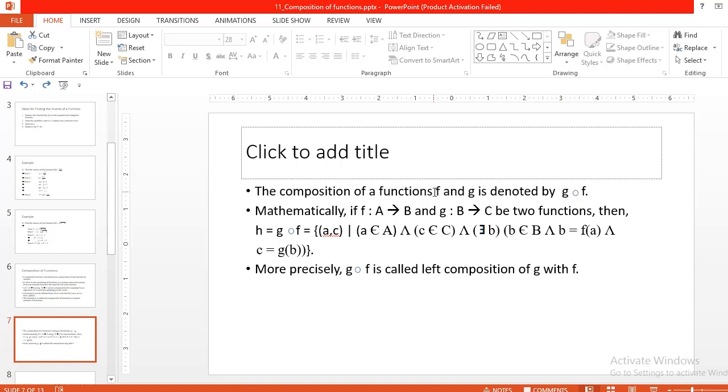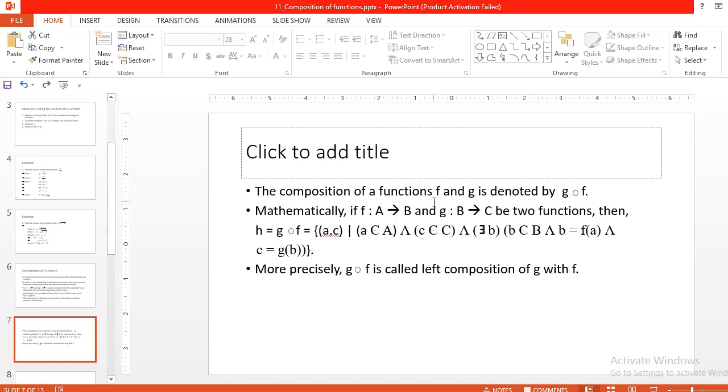See here carefully, this is the statement: the composition of functions f and g is denoted by g circle f. The notation has g first and after that f. But how can we read this symbol?